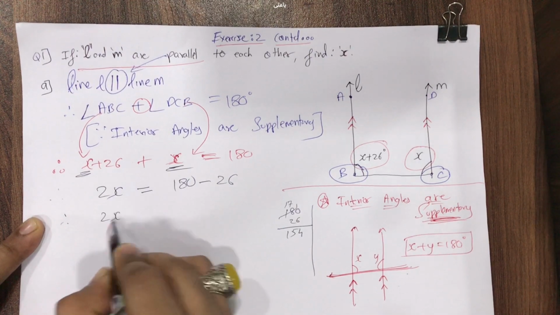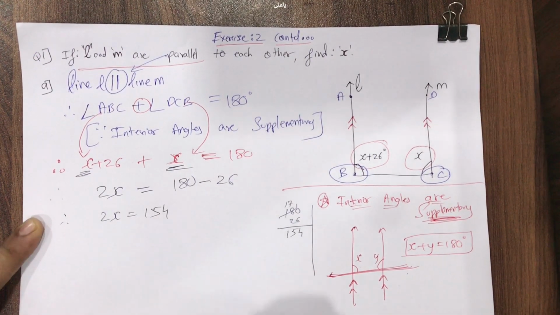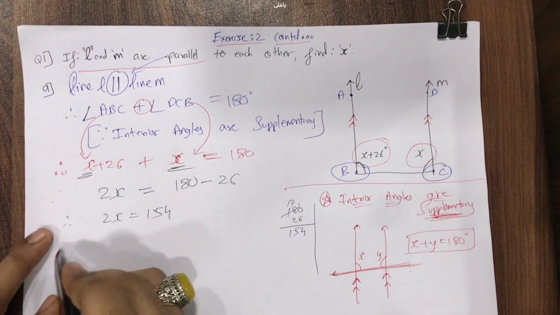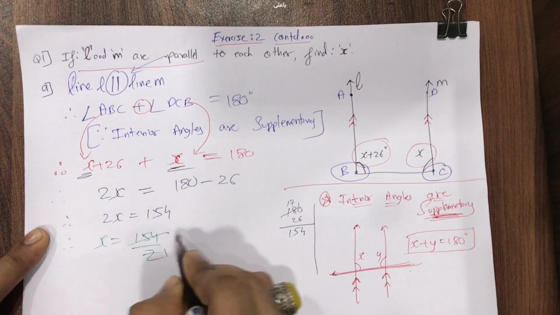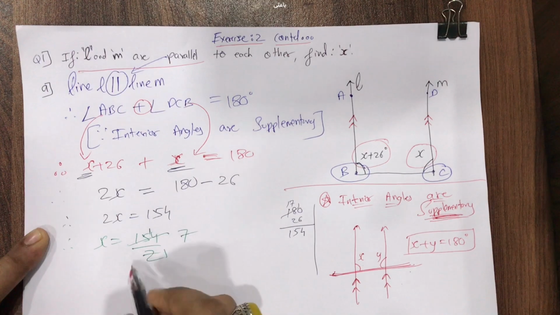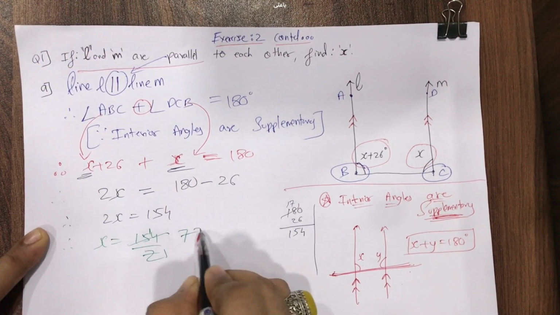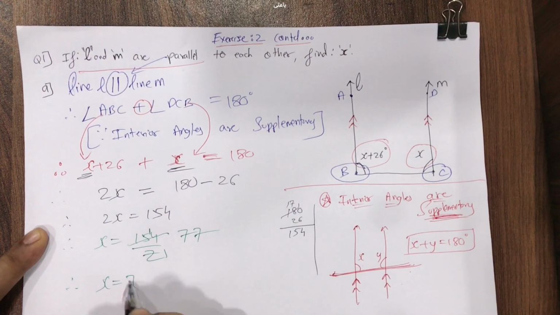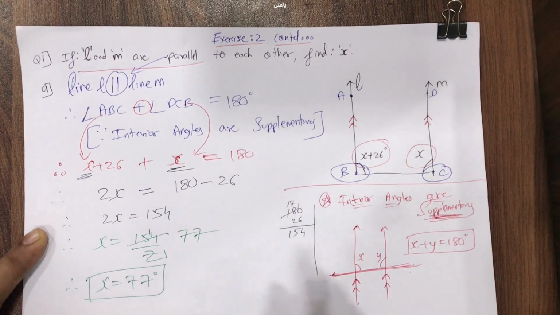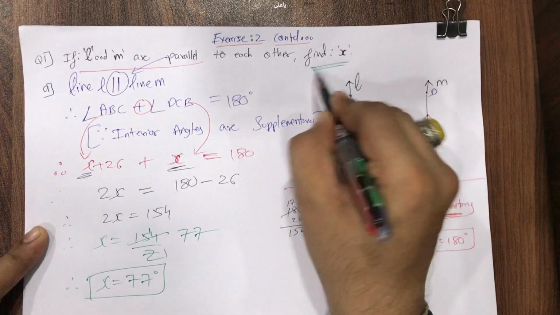Therefore 2x is equal to 154. Therefore x is equal to 154 upon 2. 2 1s are 2, 2 7s are 14, carried 1. Once again it becomes 14. 2 7s are 14. Therefore x is equal to 77 degree.